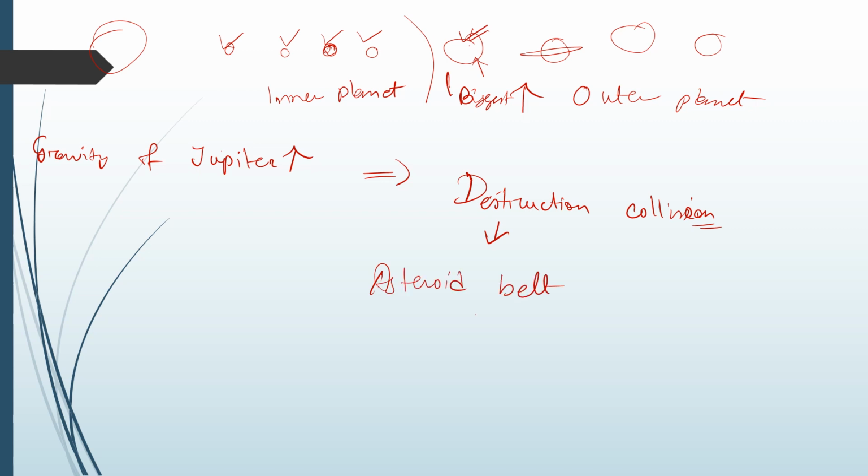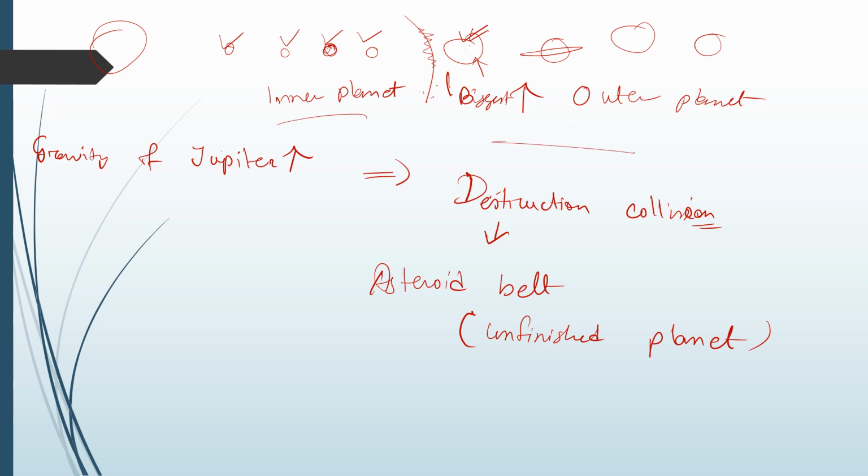Asteroid belt, according to the scientists, is nothing but an unfinished planet. But due to the gravity of Jupiter, it couldn't form, and it is located between Mars and Jupiter. This is Mars, and this is Jupiter. The asteroid belt is formed of rock debris, and it is the boundary between the inner planets and outer planets.